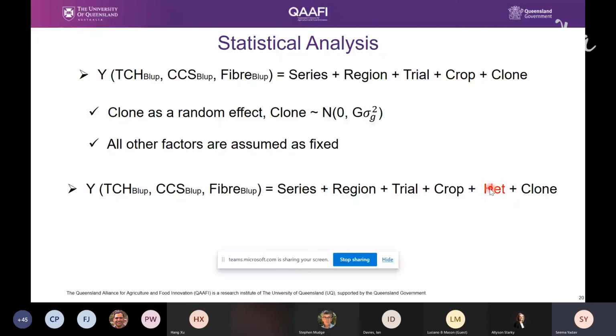So in the clone, we fit the additive, dominance, and epistatic as random effects, and then we extend our model by including the heterozygosity as a covariate. The prediction accuracy we calculate as a correlation between the estimated breeding value, or the predicted clonal performance, with the observed phenotypic value.